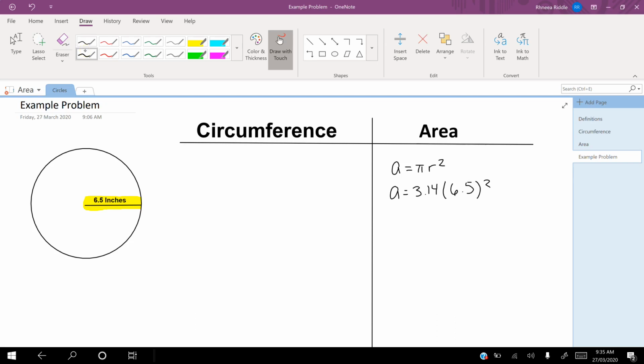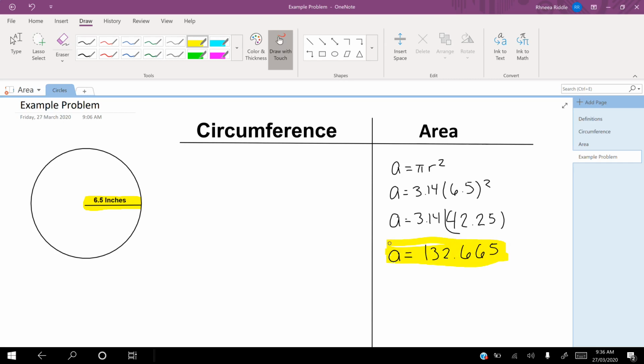So you're going to square 6.5, and that should give you 42.25. And you're going to multiply that by the 3.14, so we're going to bring it down because we haven't done anything with it yet. So you can go ahead and multiply the two of those together, and you're going to find that the area is 132.665. So there's our area.